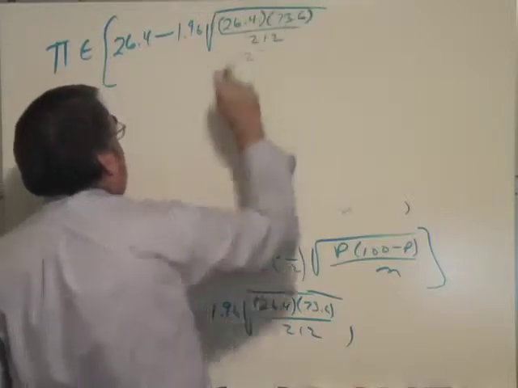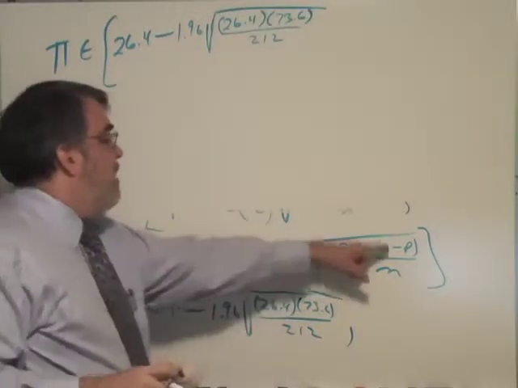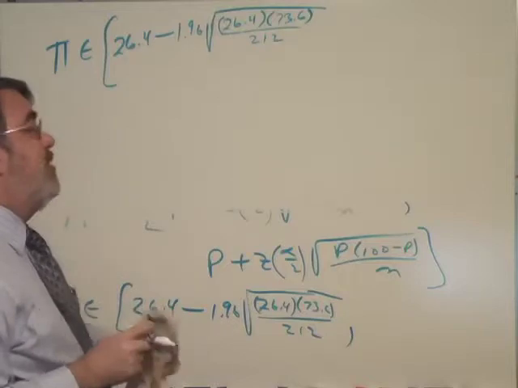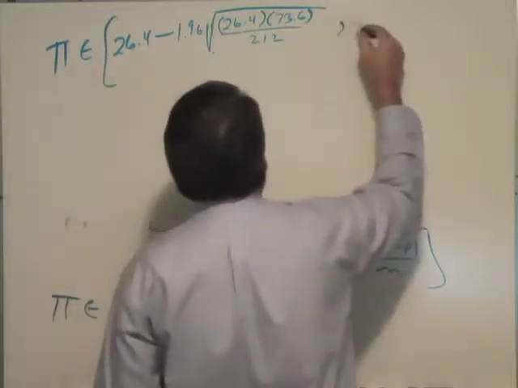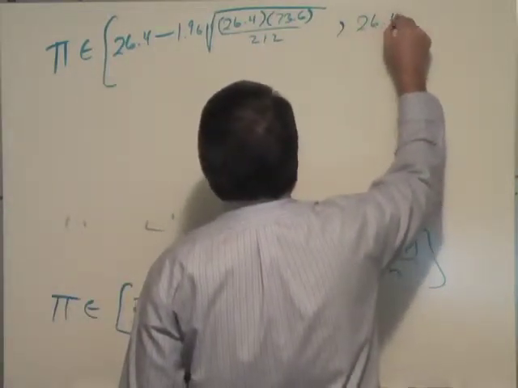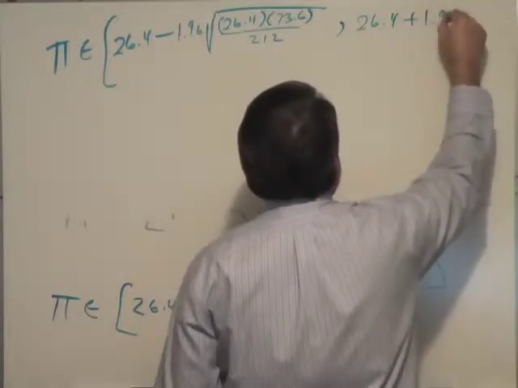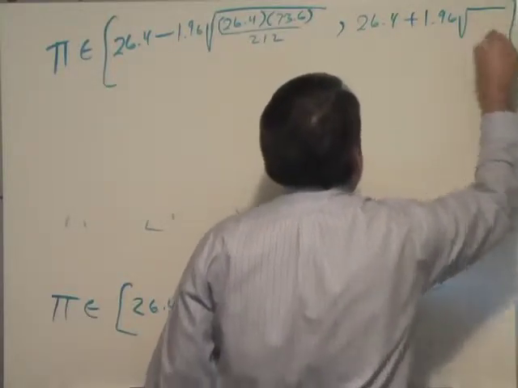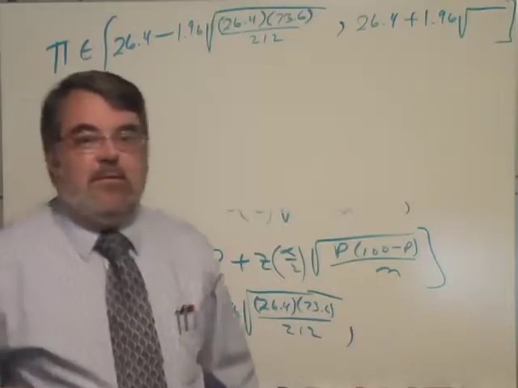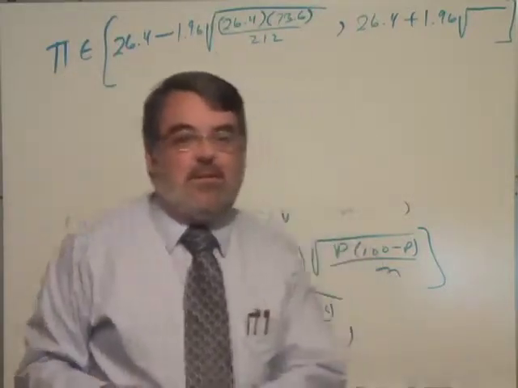So 73.6 comes from subtracting 26.4 from 100, and then 26.4 plus 1.96 times that square root. I'm not inclined to write all those numbers again under that square root.